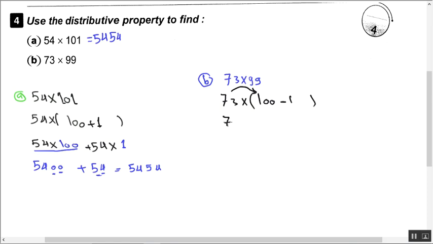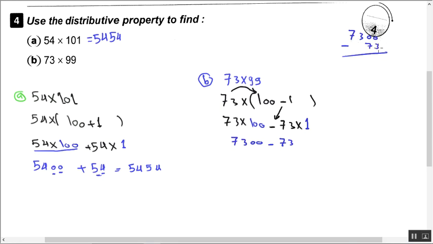We can say 73 times 100 minus 73 times 1. 73 times 100 equals 7,300, minus 73 times 1, which equals 73. We can write 7,300 minus 73.